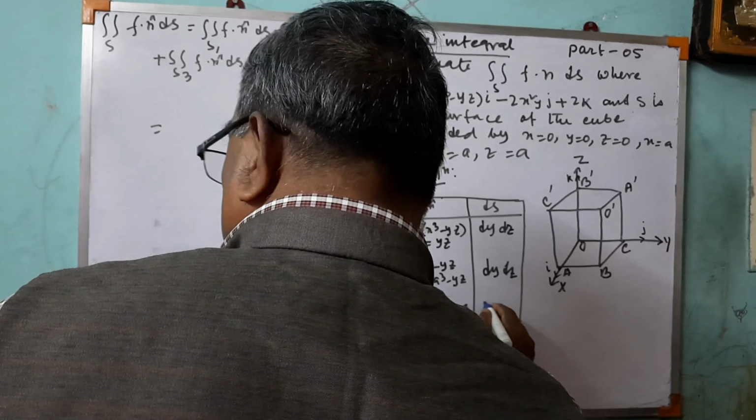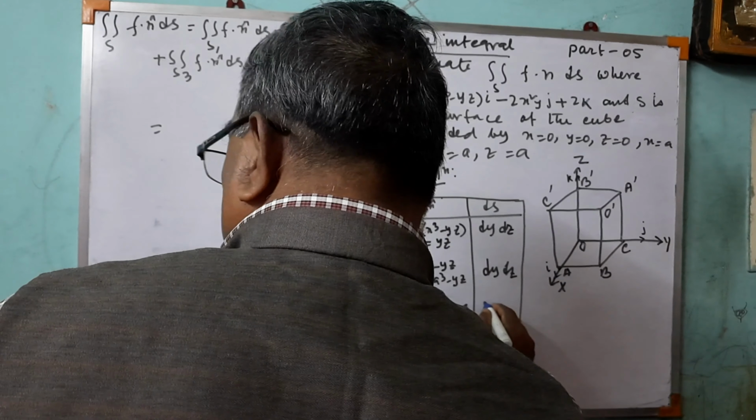Therefore S1, the integral of f dot n ds, x equal to 0 to a, equals yz dy dz, both 0 to a. So first with respect to y, then with respect to z.